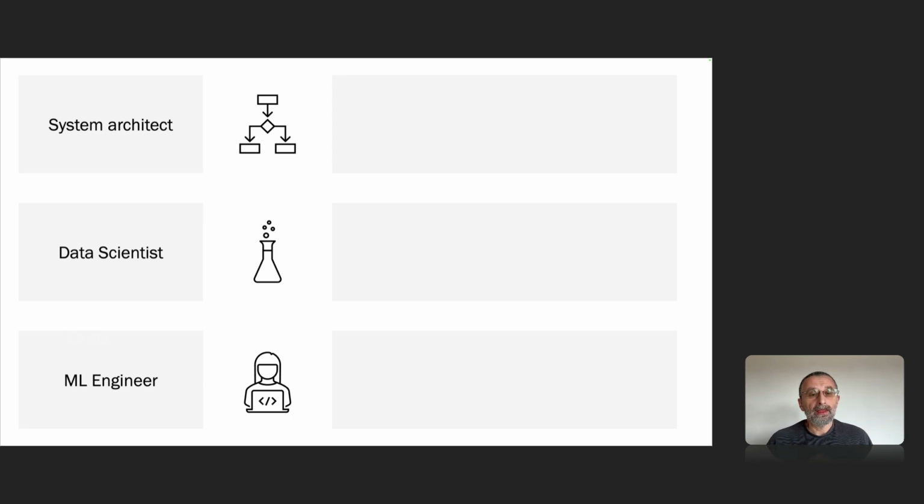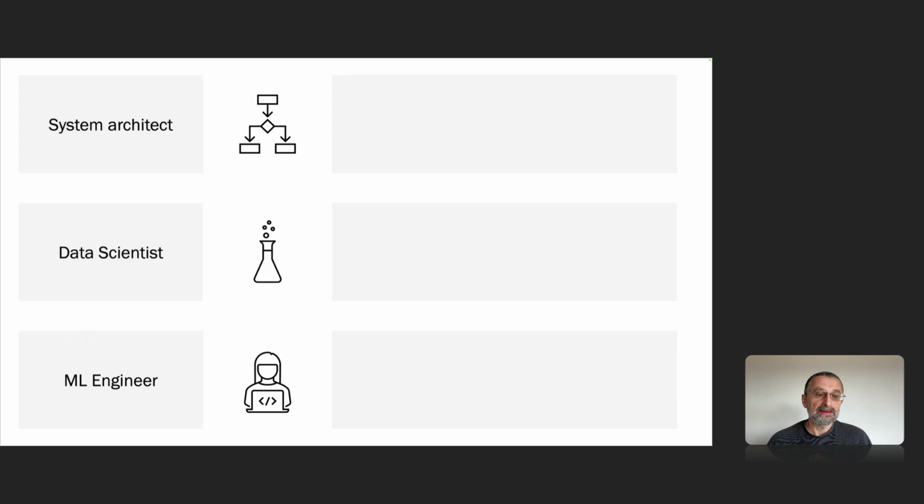So for a typical data science project, we have three roles. The first one is the system architect, someone who will design the system at the very top level.